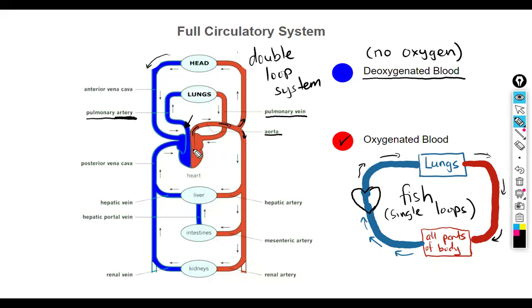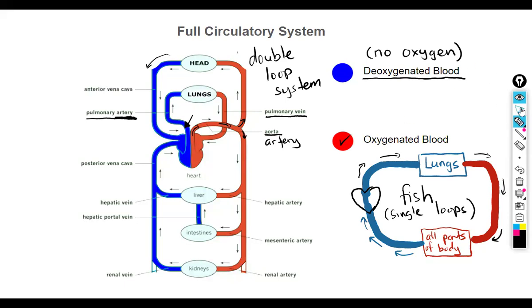Let me know in the chat. Is the aorta an artery or a vein? Scott, correct. Zaria, correct. It's an artery. Remember, blood leaves the heart by an artery.